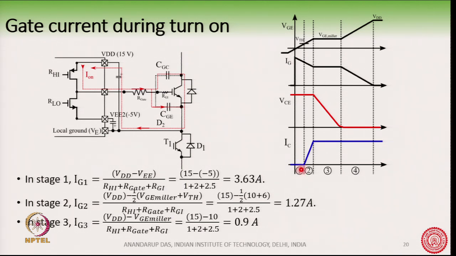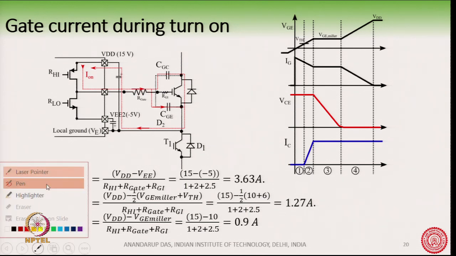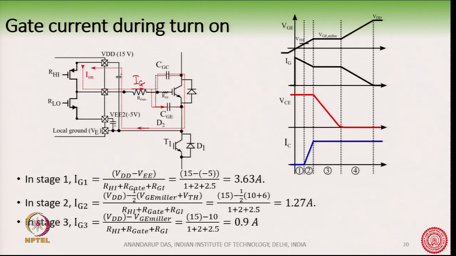Let us take stage 1 first. In stage 1, if you apply the KVL, this is the gate current here, IG, the current we are talking about. If you see the circuit, this is VDD, and when this MOSFET is turned on, we can assume there is an on state resistance R high.